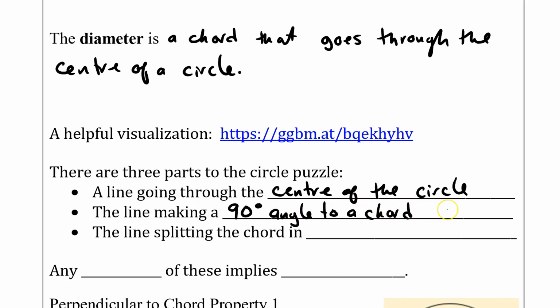Just to help me not have to write perpendicular all the time, I'm going to be using this symbol right here. So this means perpendicular, which means 90 degrees. And the line splitting the chord in half is called bisecting, or it's the act of bisection.